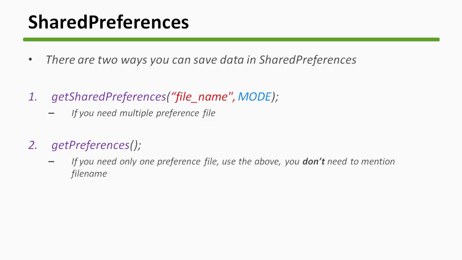For that you have to call the method getSharedPreferences, and you provide the file name and the mode. If you just want only one file for your complete application, then you don't need to provide the file name. You can simply call getPreferences, and it will give you a default preference file, and you can save the data in it.